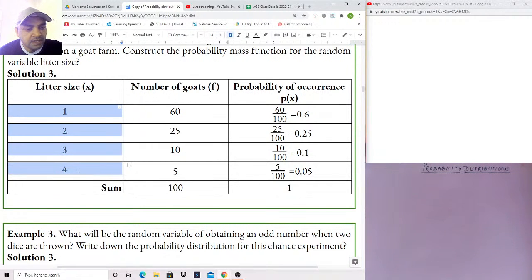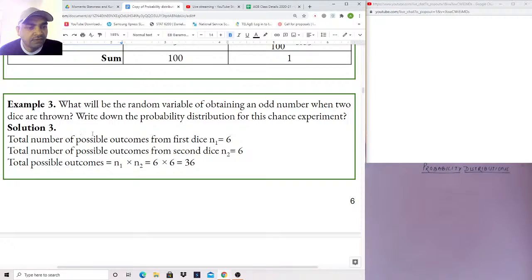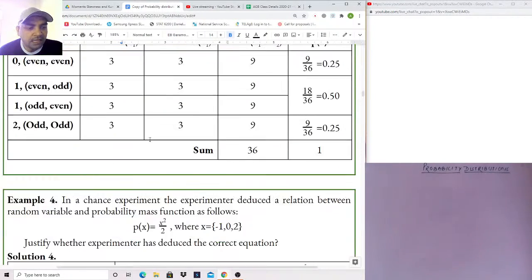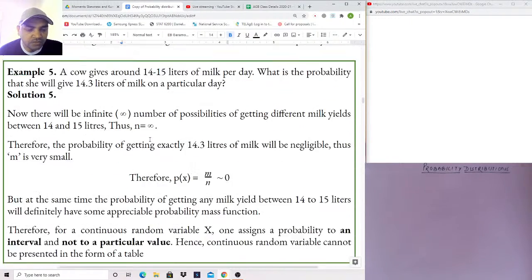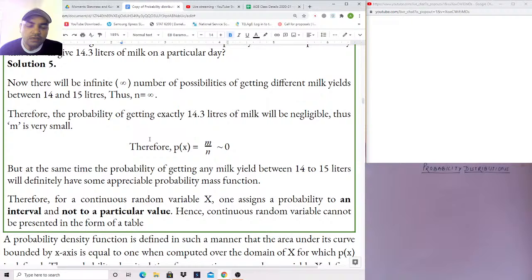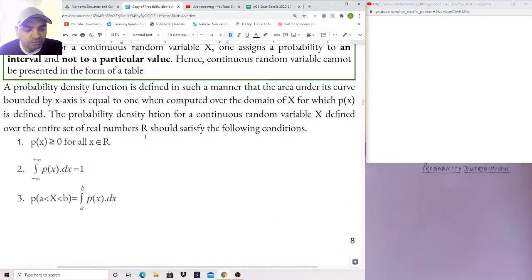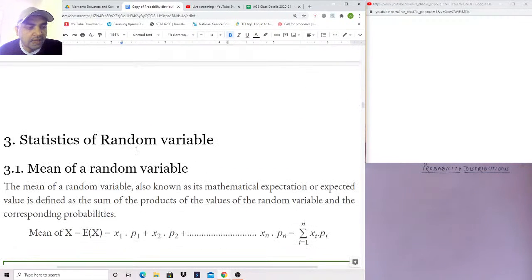The random variables are discrete in nature, and hence the probability associated with them is also discrete. Then we discussed certain examples. Then we discussed continuous probabilities, and there we cannot show the continuous probability distribution in the form of a table. One has to look for the interval instead of a particular value in the case of continuous probability. So I stopped here.